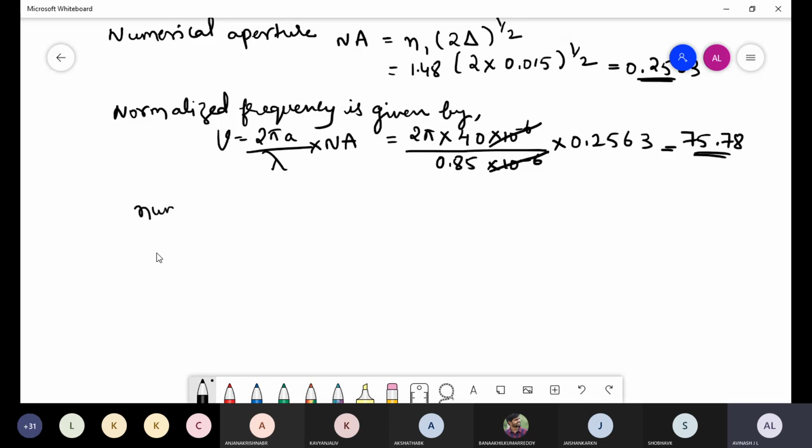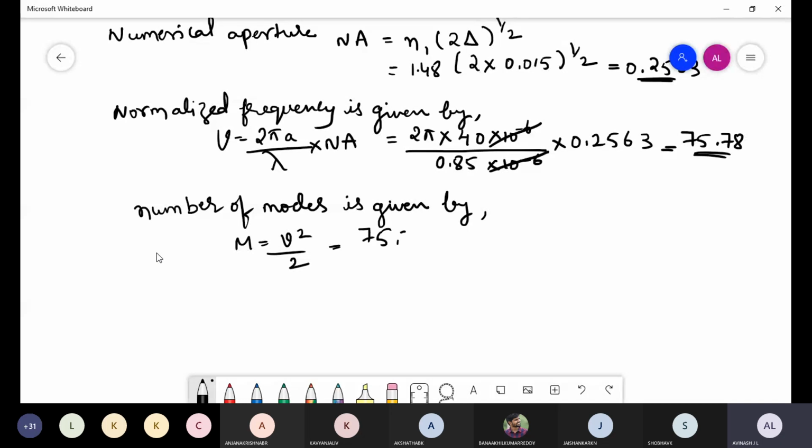The number of modes is given by M equal to V square by 2. So here V square is almost 75.78 whole square divided by 2.